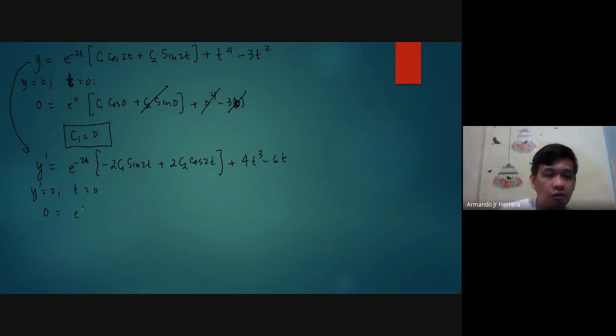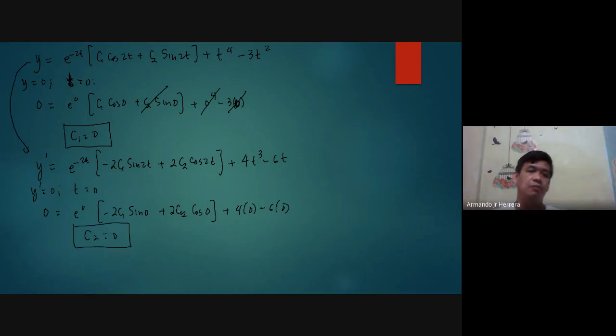So 0 e to the 0, negative 2c1 sine 0 plus 2c2 cosine 0 plus 4 times 0 minus 6 times 0. C2 is also 0 because cosine 0 is 1. So 0 divided by 2 here is also 0.